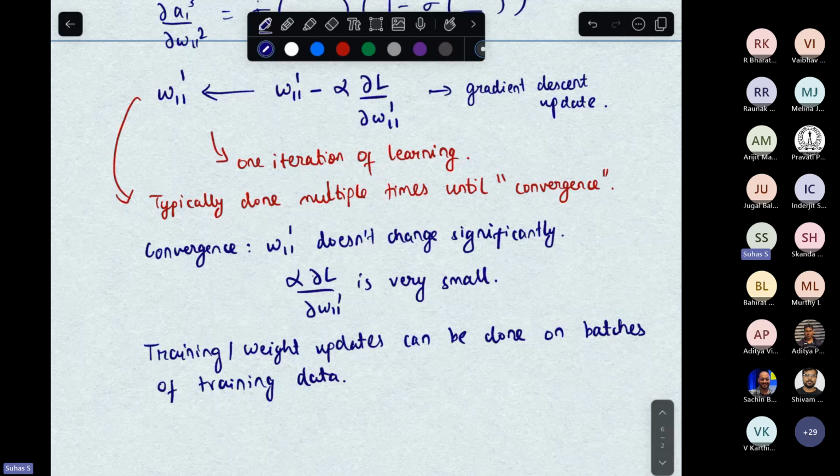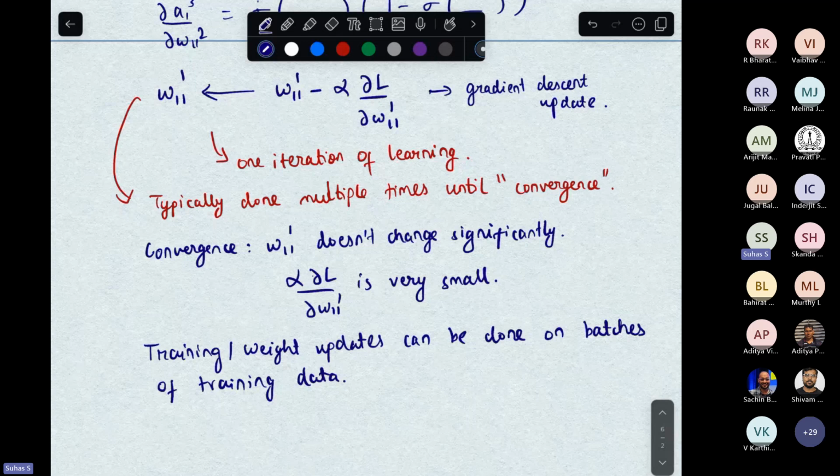Correct. You're absolutely right. Having a larger batch size reduces the variance of the error. There is some math involved in that, and I'm hoping Pratosh will cover that in class. So basically, what you're saying is right.